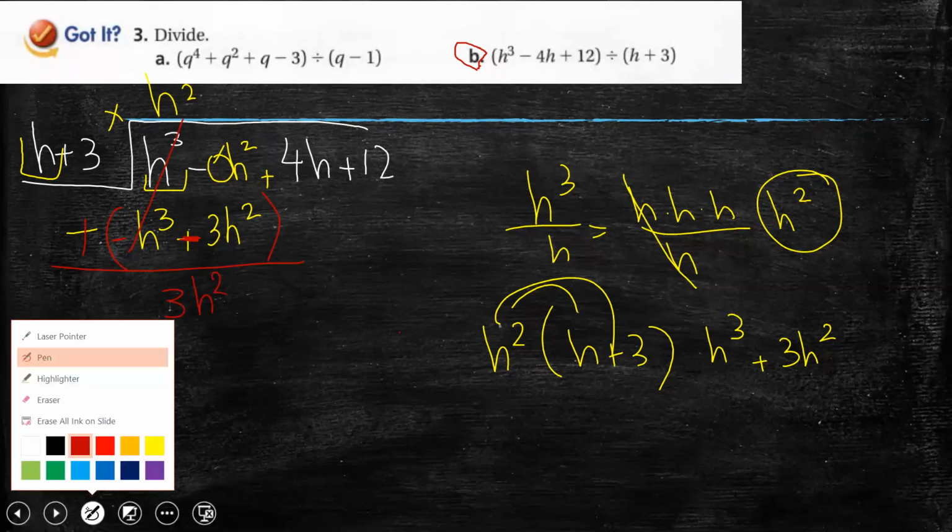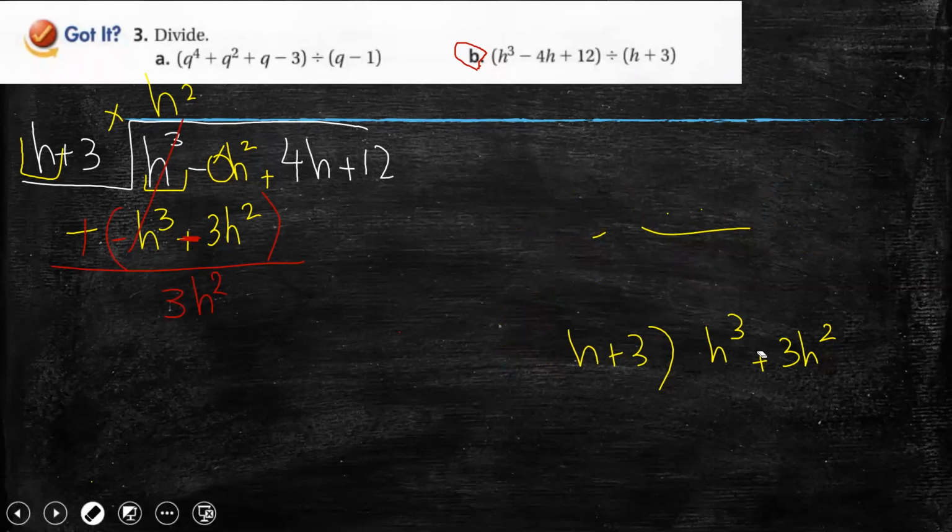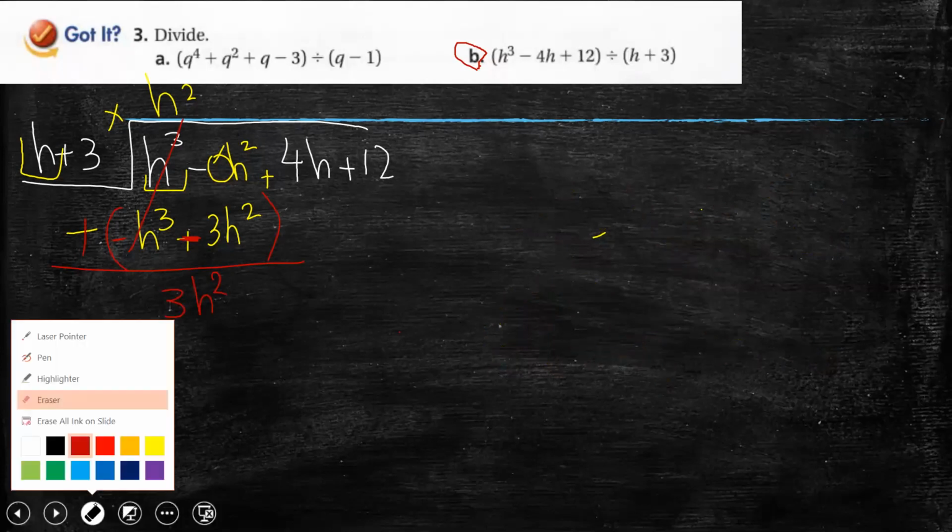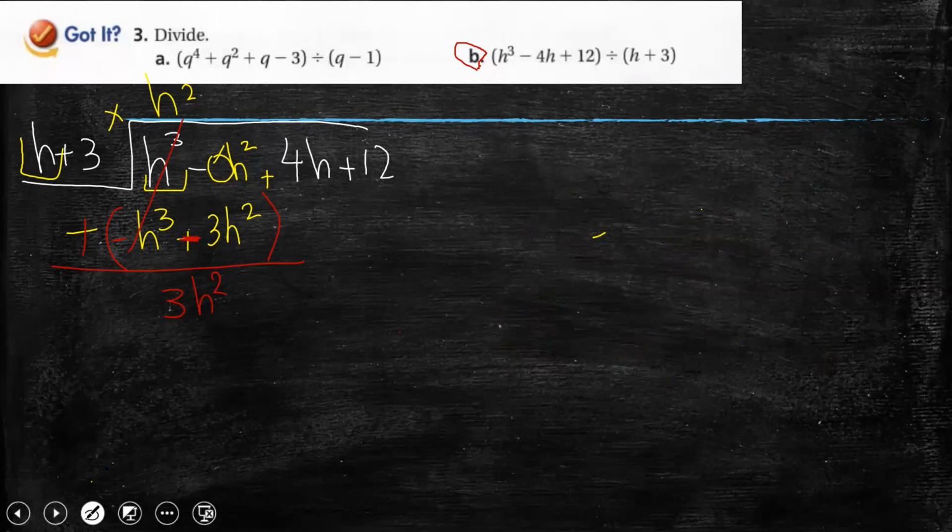So what did we have now? We have 3h squared. Then 3h squared divided by h. We have 3 times h over h. It's 3h.